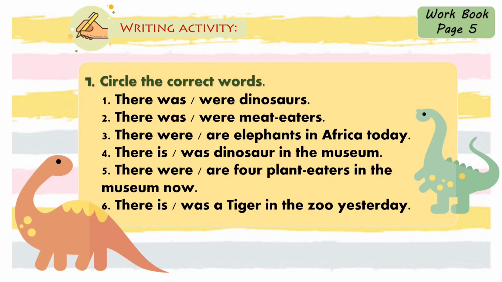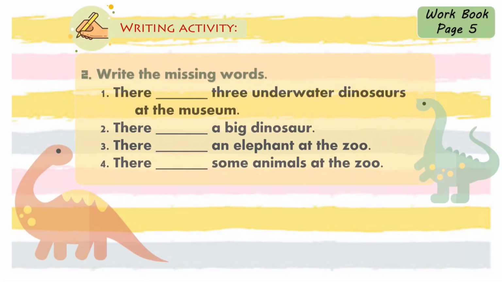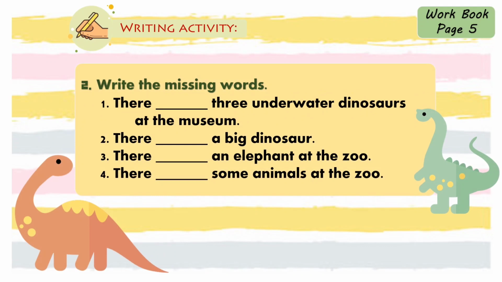Just choose one answer only. Then part 2, write the missing words. Here you can answer was, is, are, or were. Alright, so please take your time and just pause this video.